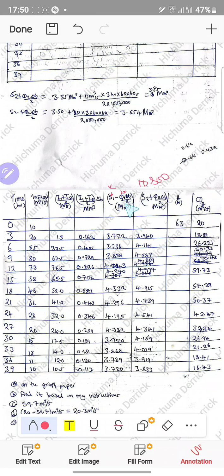Now remember also to convert this part here into million cubic meter. Therefore this will be divided by a million, because we are multiplying this over 2 here, so that then we can subtract, because this S1 here is in million cubic meter.